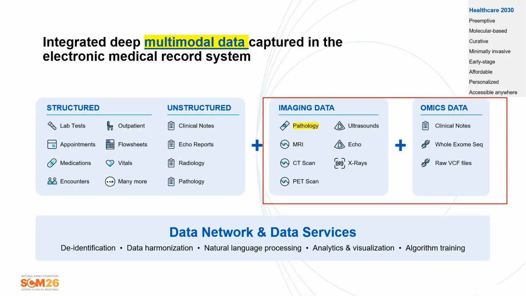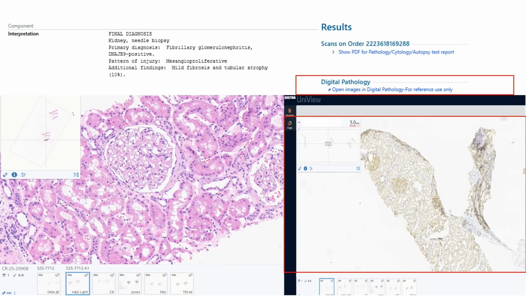So what next? The multimodal data is coming. As you see, kidney pathology or digital pathology is something that is coming up, and also omics data as well. And this is the real workflow that we have. In the past, when a patient had a kidney biopsy, we just had the pathology report, and I needed to call the pathologist and talk to the pathologist, or sometimes run to the pathology office and ask to look at the microscopy together.